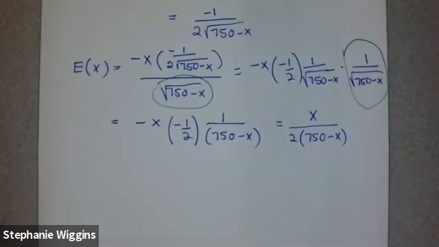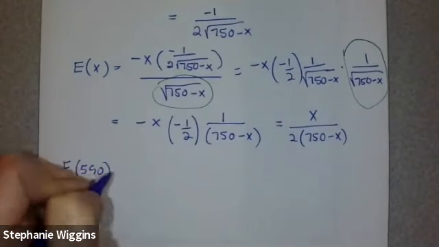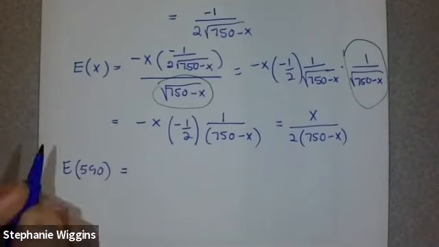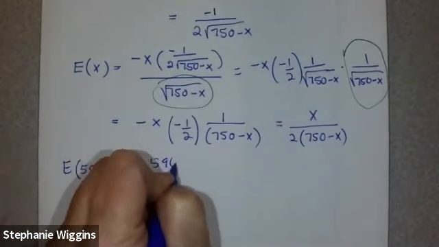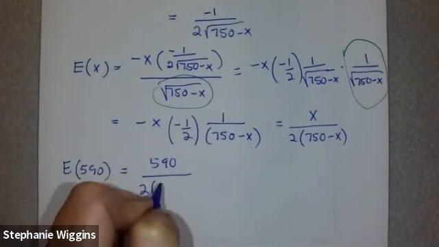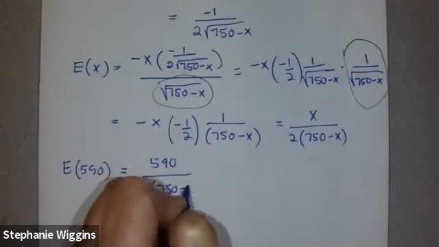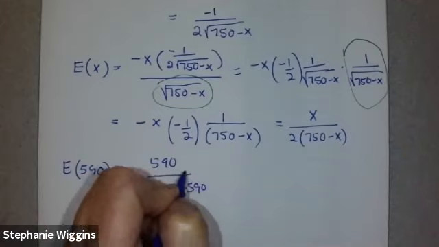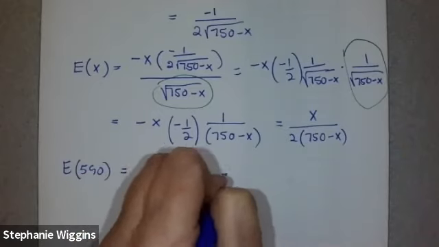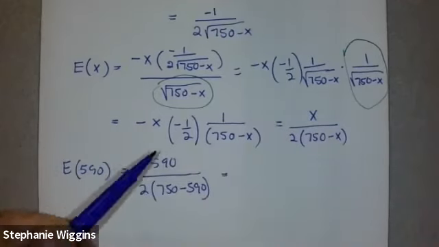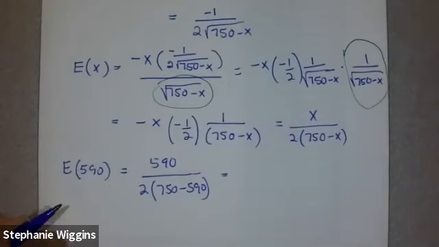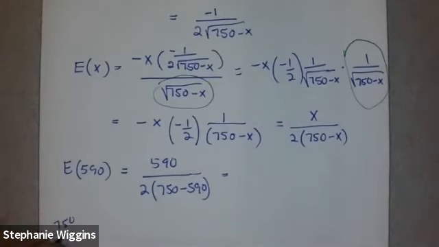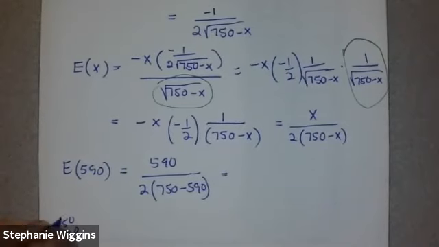And then I'm supposed to plug in the number 590. So that's going to become 590 over 2 times 750 minus 590. Let's see, what's 750 minus 590?